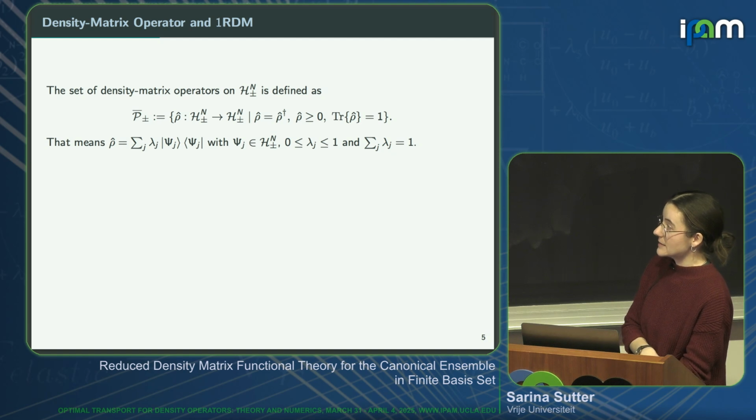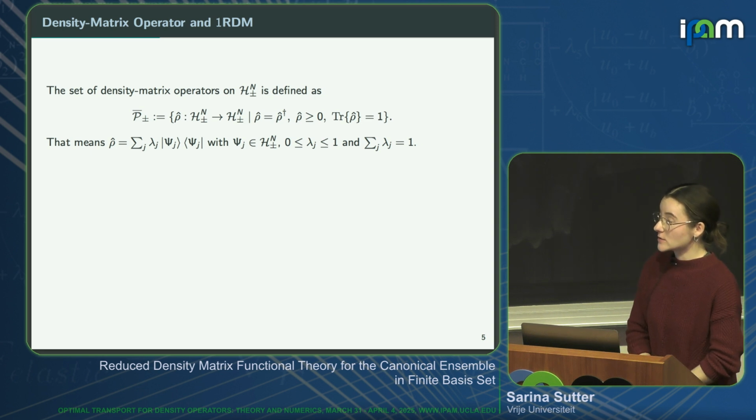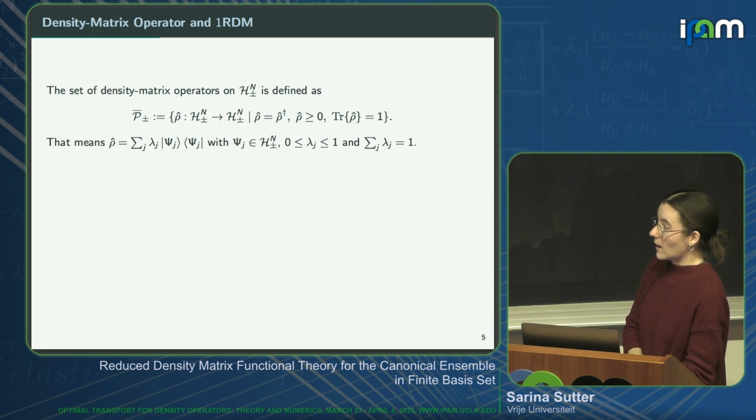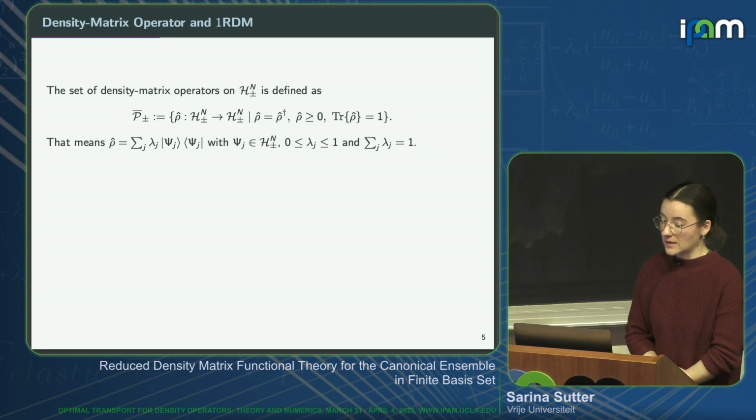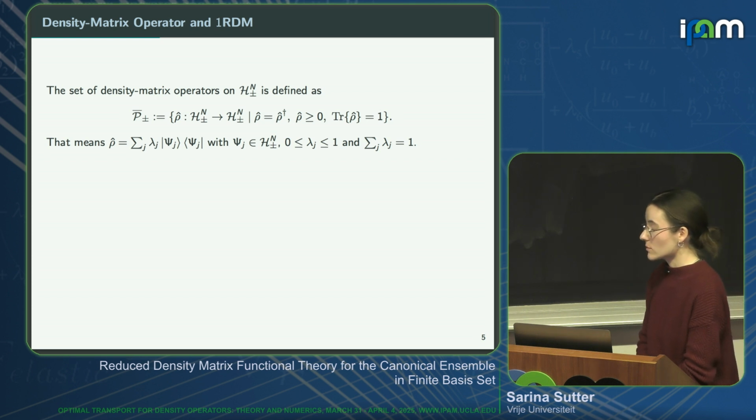Here we already talked about density matrices, and I just call the set of all density matrices P-bar, where plus and minus stand for fermions or bosons. Density matrices are operators from our n-particle Hilbert space to itself. They need to be Hermitian, greater or equal to 0, and they are normalized with trace 1.